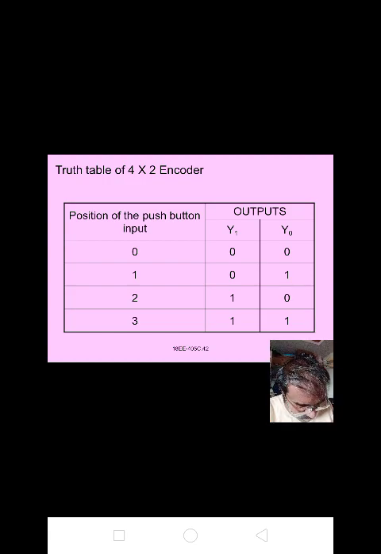Here the inputs are the positions of the push button switches, that is 0, 1, 2, 3. Outputs are y1, y0. Here for 0 it is 0 0, for 1 it is 0 1, for 2 it is 1 0, for 3 it is 1 1.